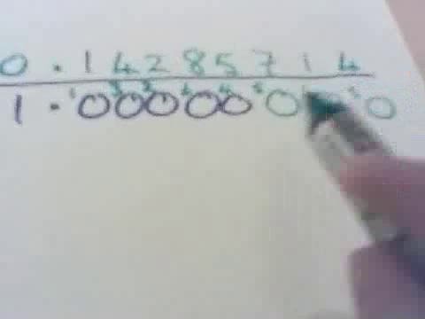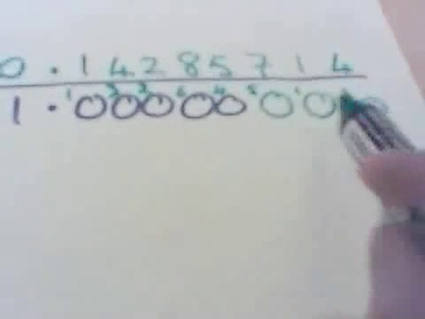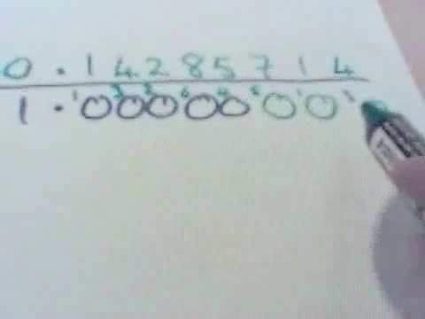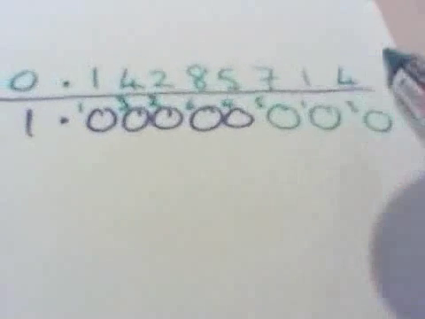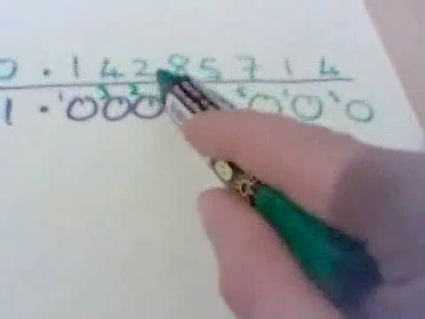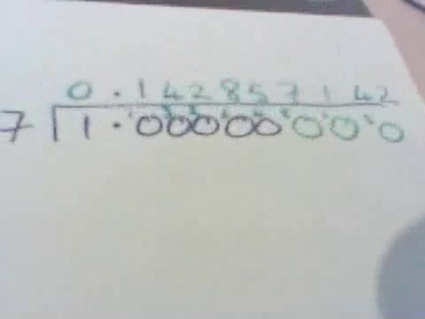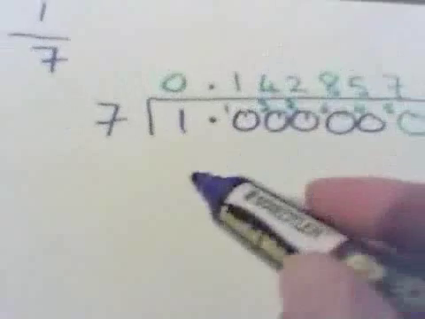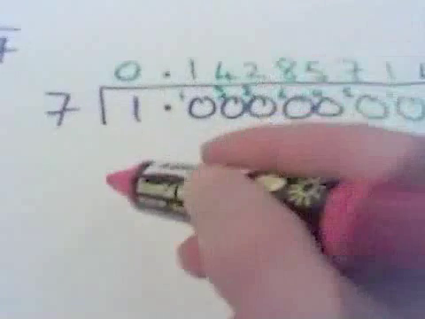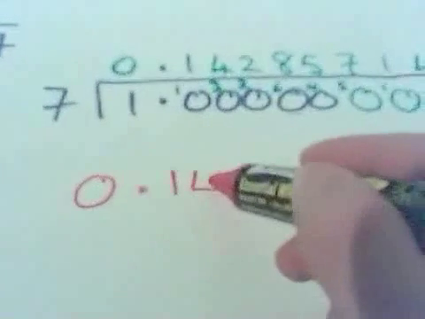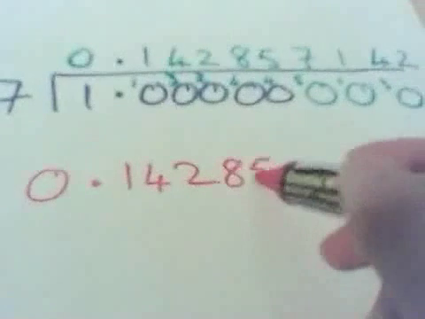Now if you notice, I'm getting the same numbers coming up along here. So I've already got 1 4, my next digit would be 2. So now it is repeating, but it's repeating in a different manner. So I'm going to show you how to write that down. We've got 0.142857.